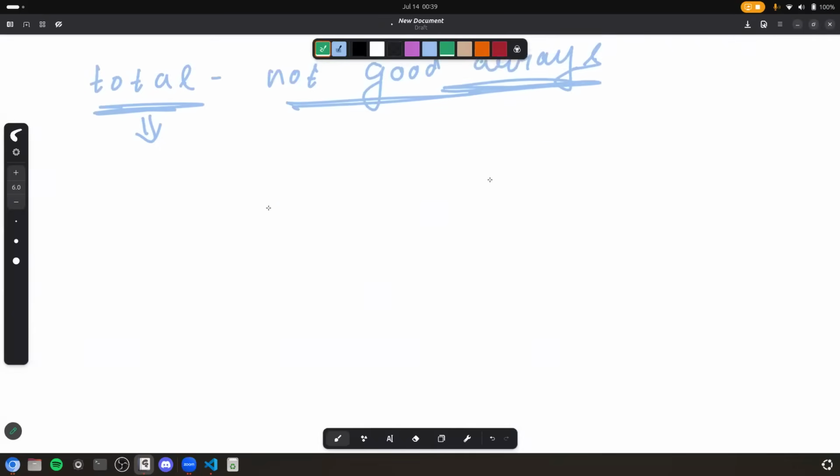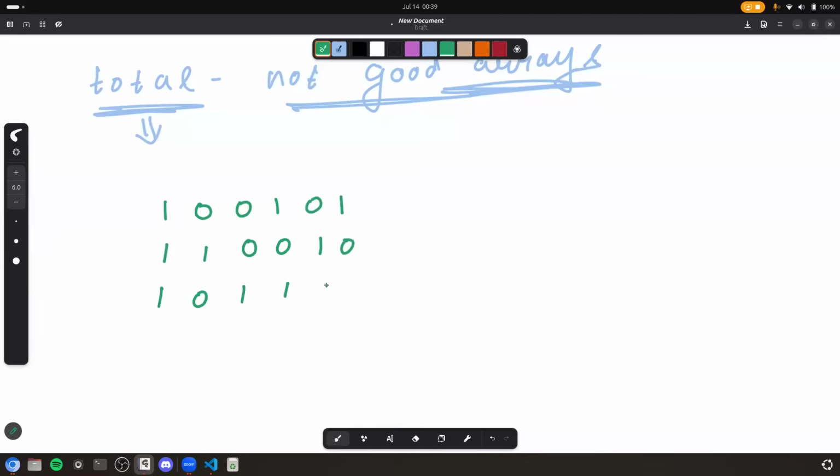So let's say we have some matrix like 1 0 0 1 0 1, 1 1 0 0 1 0, 1 0 1 1 0 1, with 3, 4, 5, 6 elements, right?